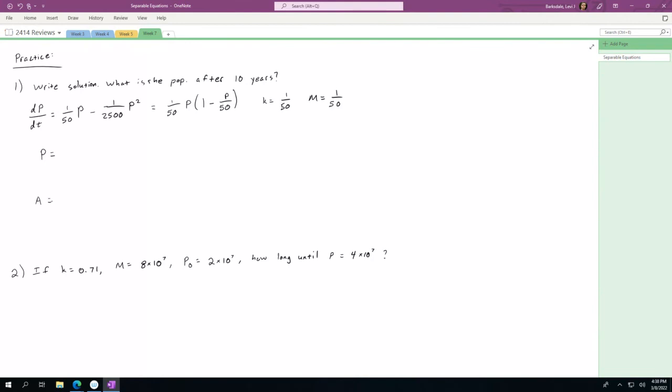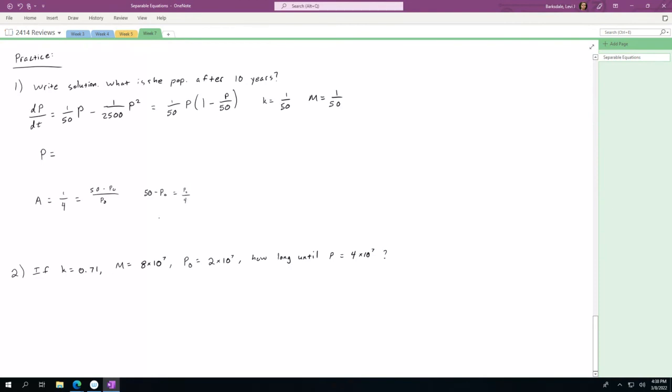So in this case, I think I had an initial population. Let me see if I can find that really quick. I had an A value of 1 over 4, which would make that equal to our maximum population minus P naught over P naught, which tells us that 50 minus P naught should equal 4.